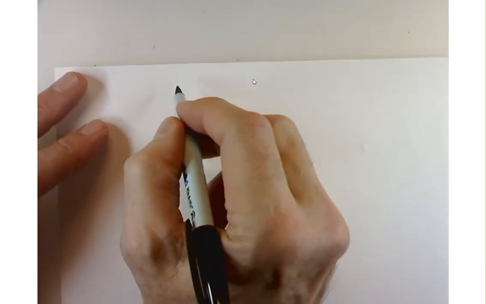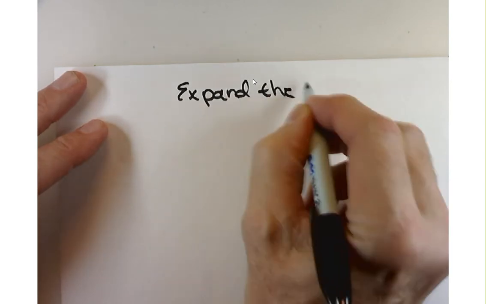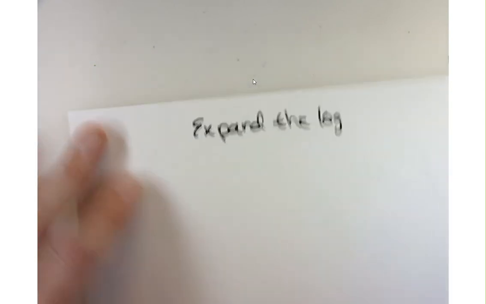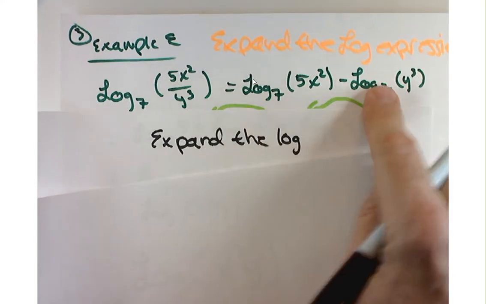Expand the log. Sometimes people give kind of a literal interpretation for what you mean by expand the log. Now, expand the log really means you're going to use your product rule and quotient rule to start rewriting your logs.